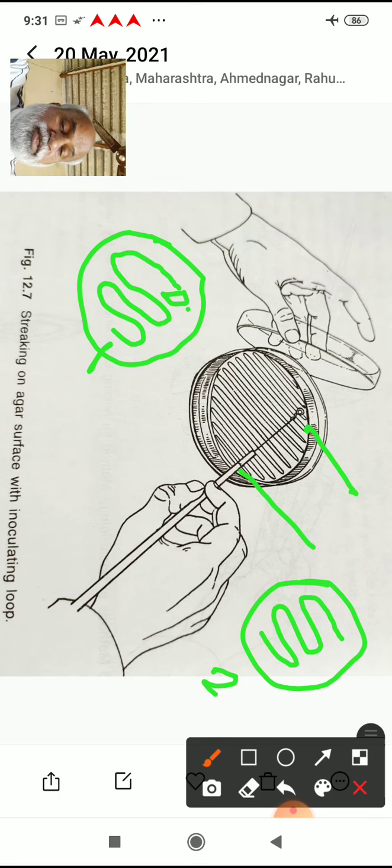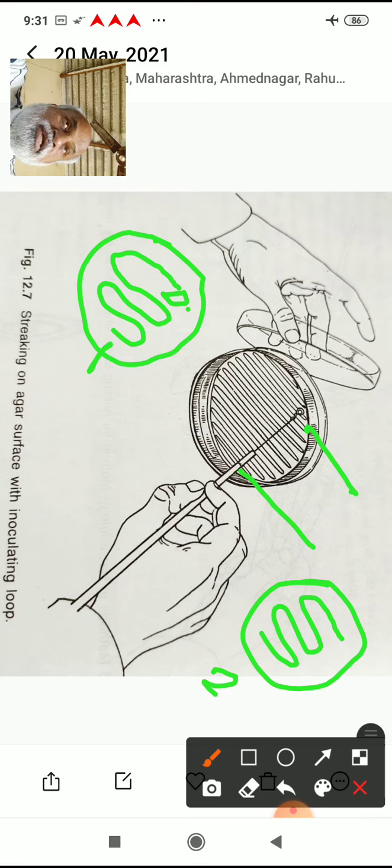The key principle of this method is that by streaking, a dilution gradient is established across the face of the petri plate as bacterial cells are deposited on the agar surface.